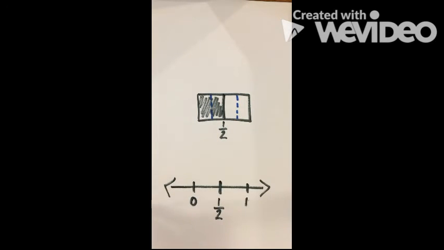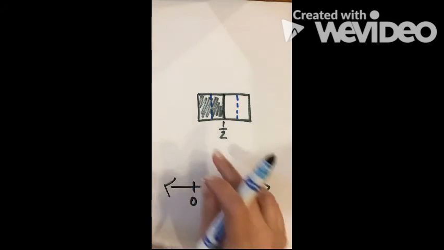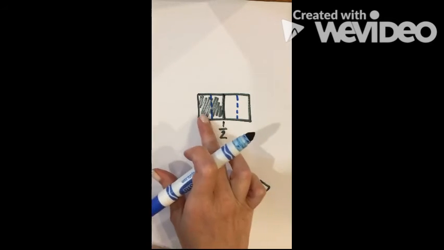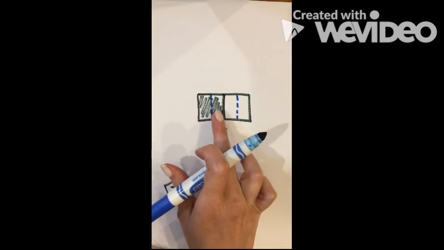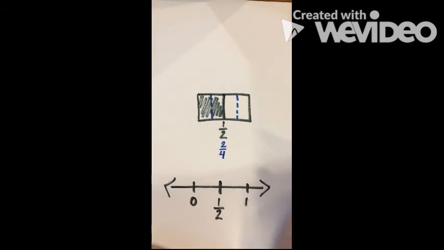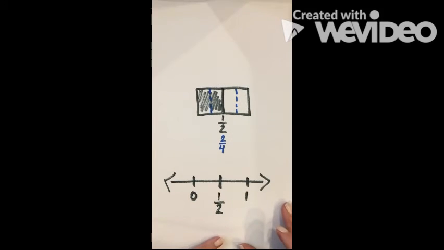So now we have 4 equal pieces, giving us fourths. And as you can see, our 1/2 is now equivalent to 2 fourths.